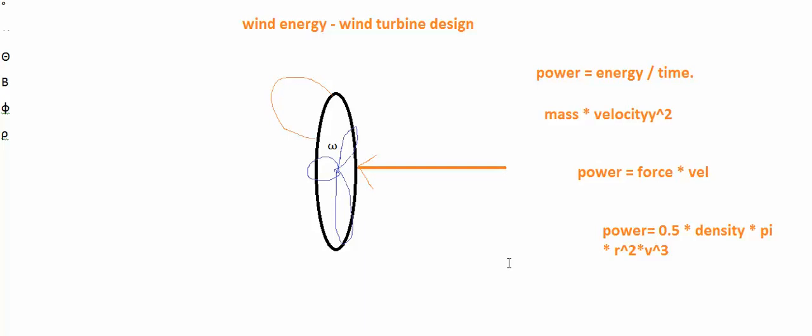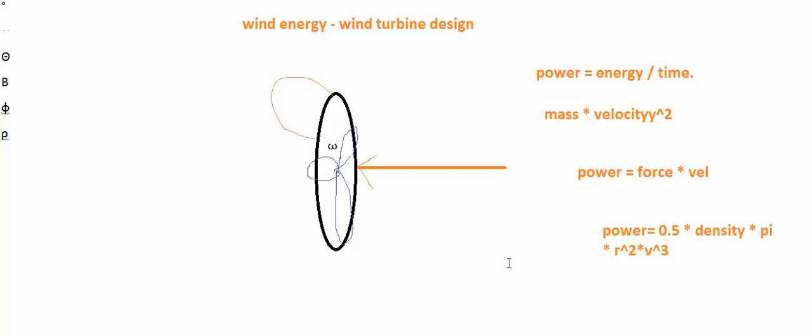But that can't be the power which is extracted by the wind turbine. The power extracted by the wind turbine is a function of the tip speed ratio, which we will come to later in the video.